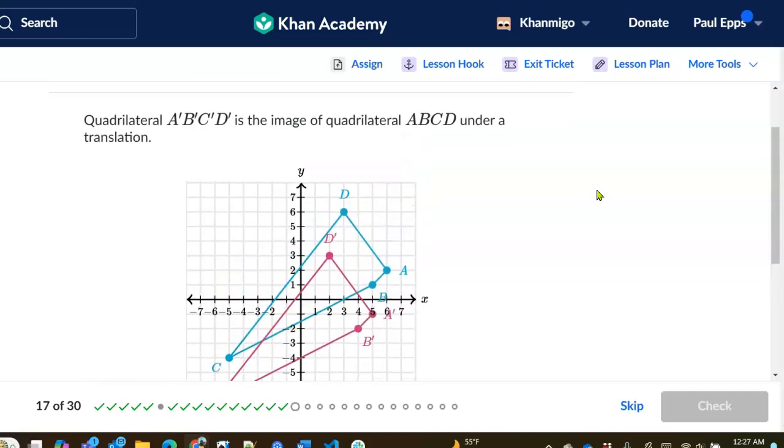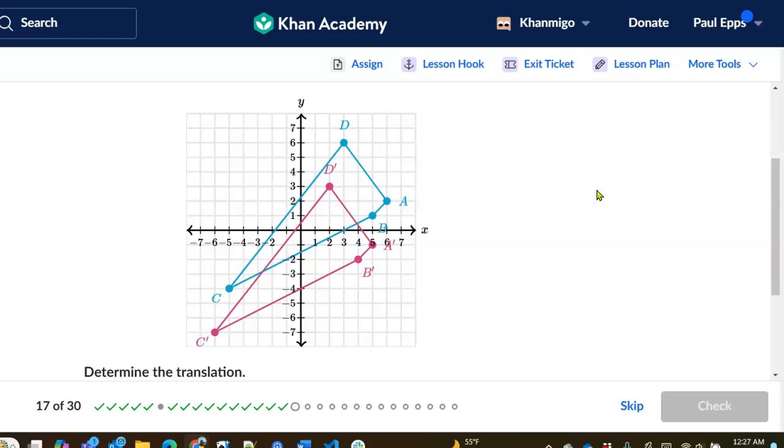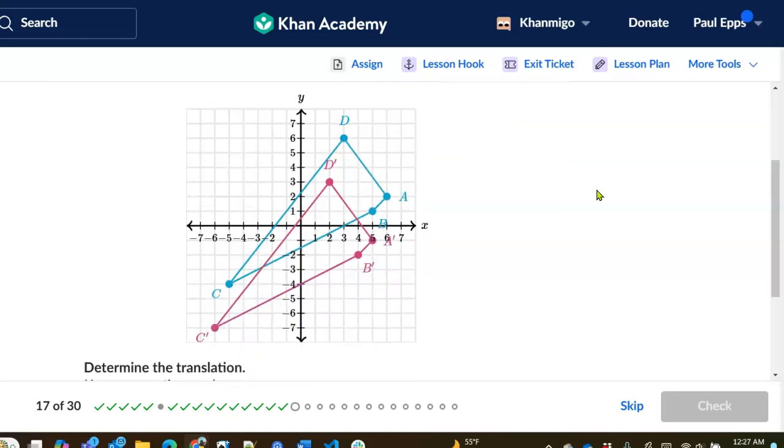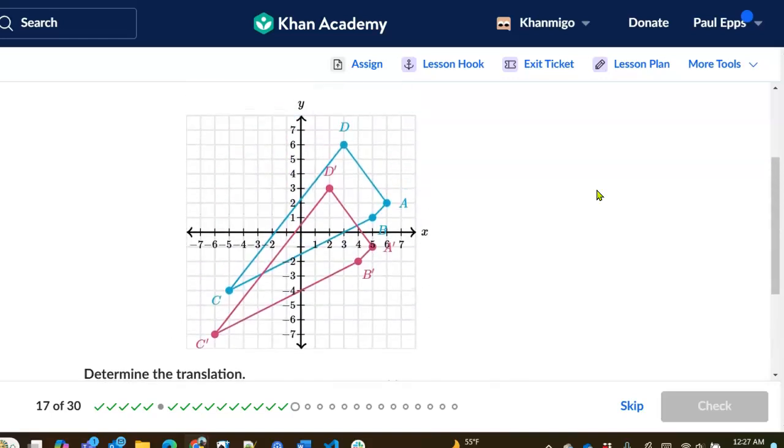All right. So the teal one is being transformed into the, I'm not sure what color that is, purple one. So first of all, we are going 1, is that right? 1 unit to the left.